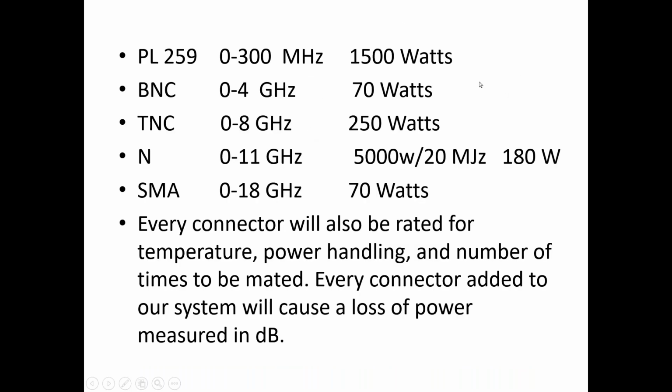Okay, look at these capabilities of some of our various connectors. The PL259, this 1800 watts is really at the lower end of the spectrum in the HF range. As you get into these higher ranges, you need different kinds of connectors. Why? Because they can't handle the heat that's created.